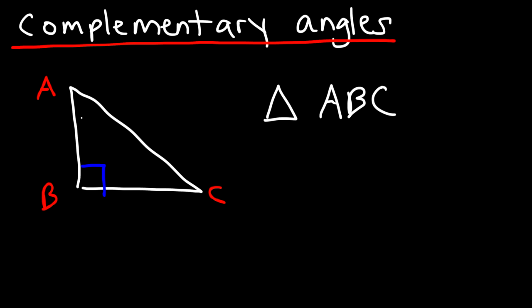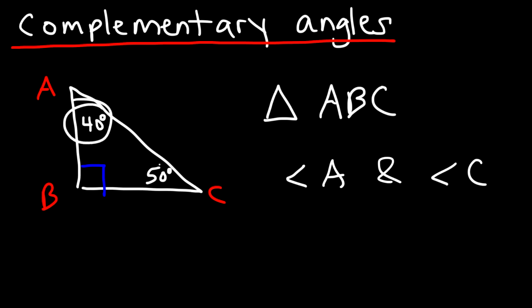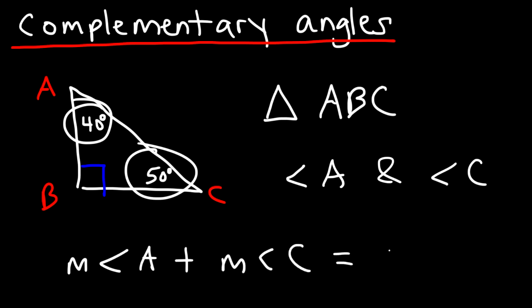And let's say that angle A is 40 degrees and angle C has a measure of 50 degrees. In this case, we could say that angle A and angle C are complementary because their angle measures add up to 90 degrees. And so that's the basic idea behind complementary angles. So the measure of angle A plus the measure of angle C is equal to 90.